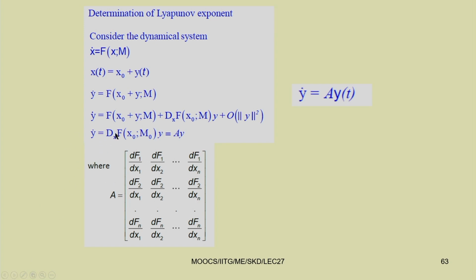By solving this equation we can find how, with a slight initial deviation y0, how much deviation takes place at time t.